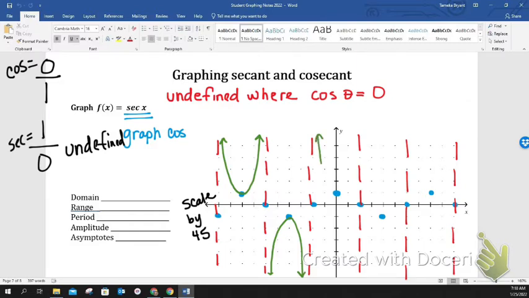And this is what your graph looks like. And the reason why I say it's not a parabola is because it's not going outside of those asymptotes.